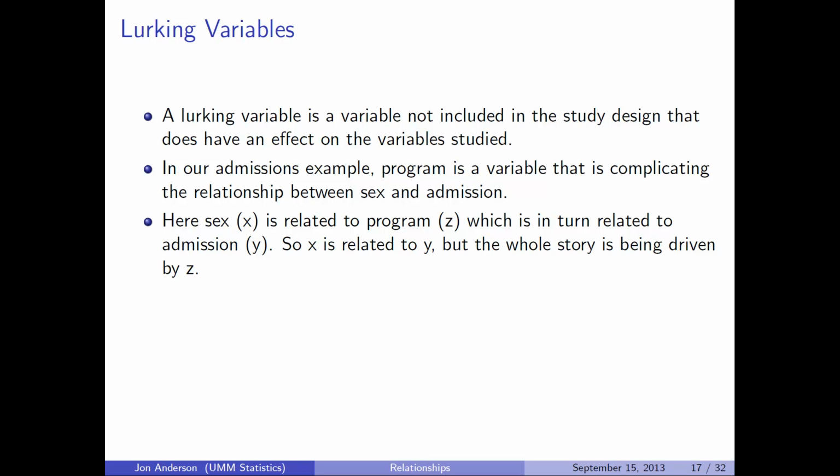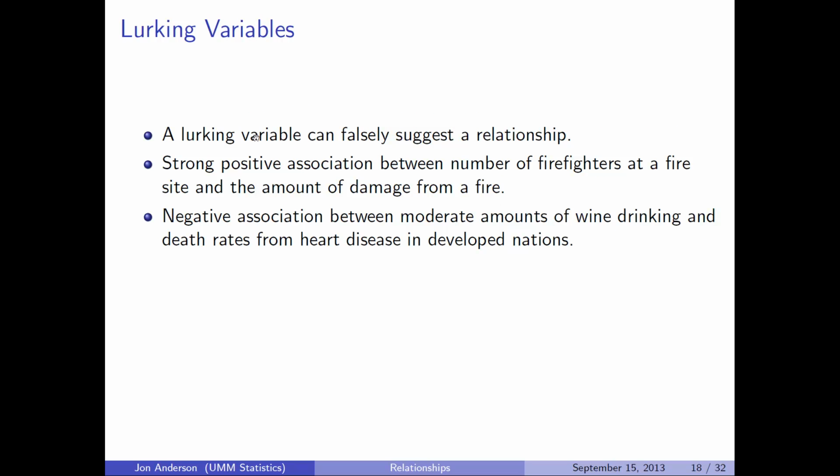And so this is an example of Simpson's paradox, where the relationship between two variables is being distorted by a third variable called a lurking variable, the variable Z. So a lurking variable can falsely suggest a relationship, or it can hide one.